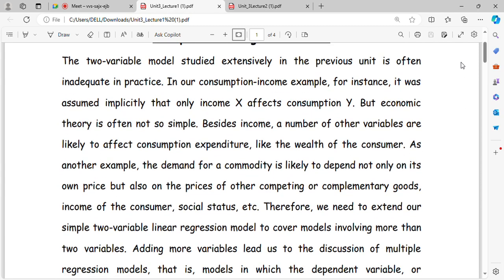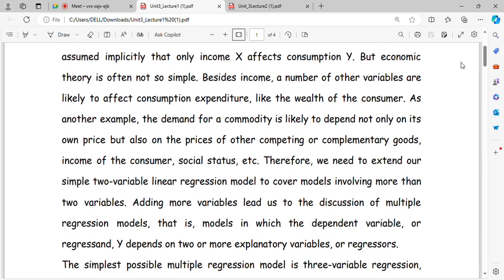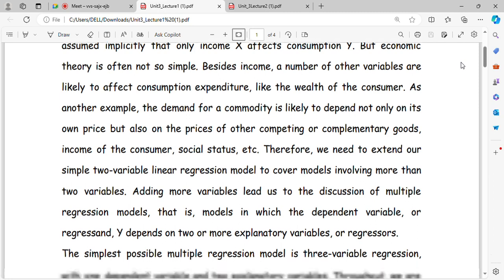Therefore, we need to extend our simple two variable linear regression model to cover models involving more than two variables. That's why we try to understand the multiple linear regression model. Adding more variables leads us to the discussion of the multiple regression model, that is, a model in which the dependent variable or the regressand y depends on two or more explanatory variables or regressors.